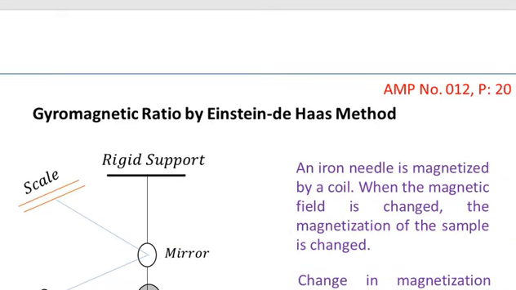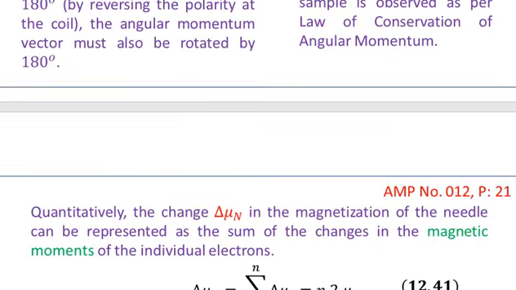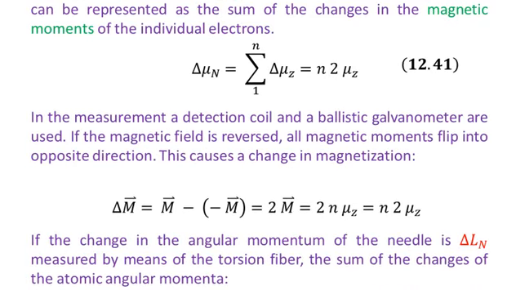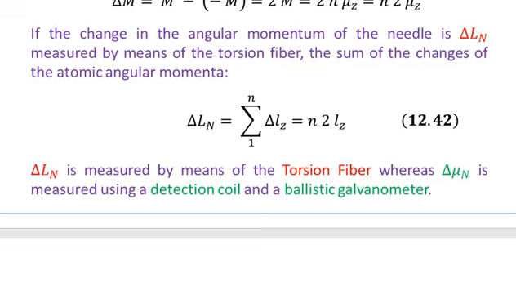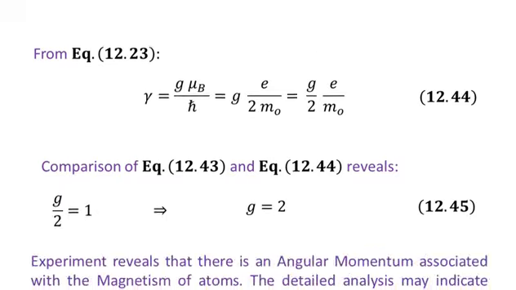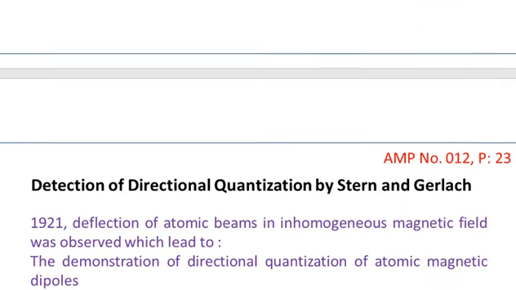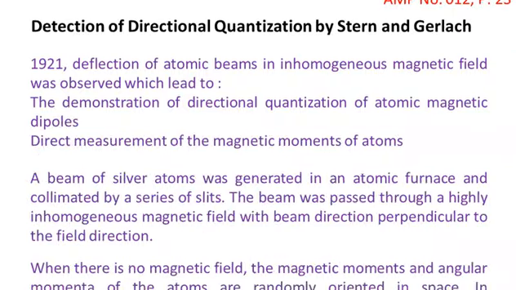I also described the experiment for the gyromagnetic ratio, the Einstein-de Haas experiment, which confirms the calculation of the magnetic dipole moment. Then the quantization of these quantities, especially the spin quantization, was established by the Stern and Gerlach experiment, which was also described.